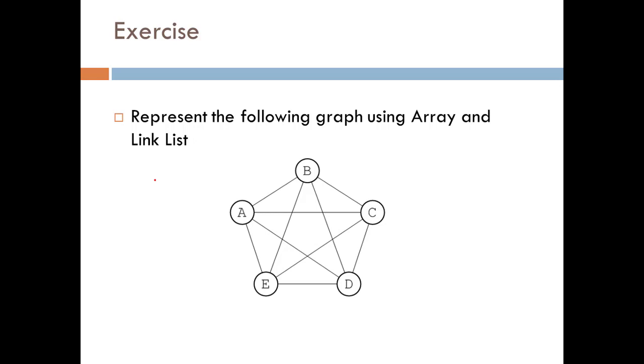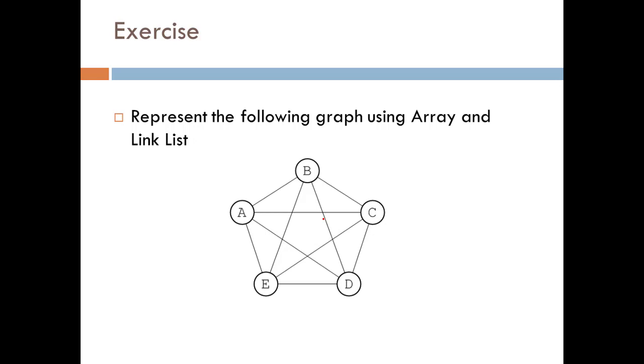Okay, there is an exercise for you. Represent the following graph using an array and a linked list. Please consider this graph, which has 5 nodes. You have to represent this graph using the array data structure and the linked list data structure.